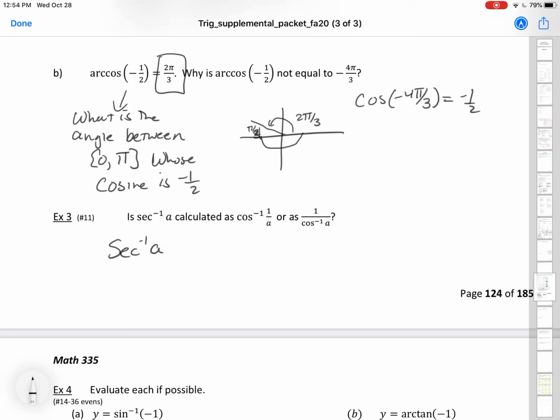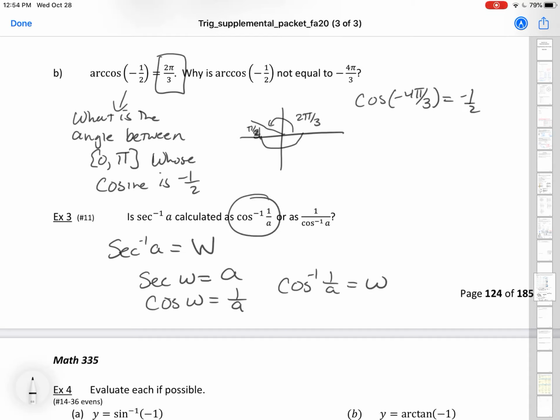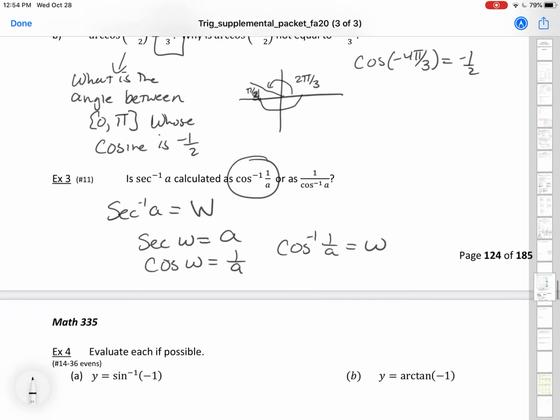Secant inverse of A is equal, let's just make up a letter, W. That means secant of W is equal to A. That means cosine of W is equal to 1 over A. That means cosine inverse of 1 over A is equal to W. So it's this first one. So you can figure out the secant inverse of a value by inverting it and taking the cosine inverse.